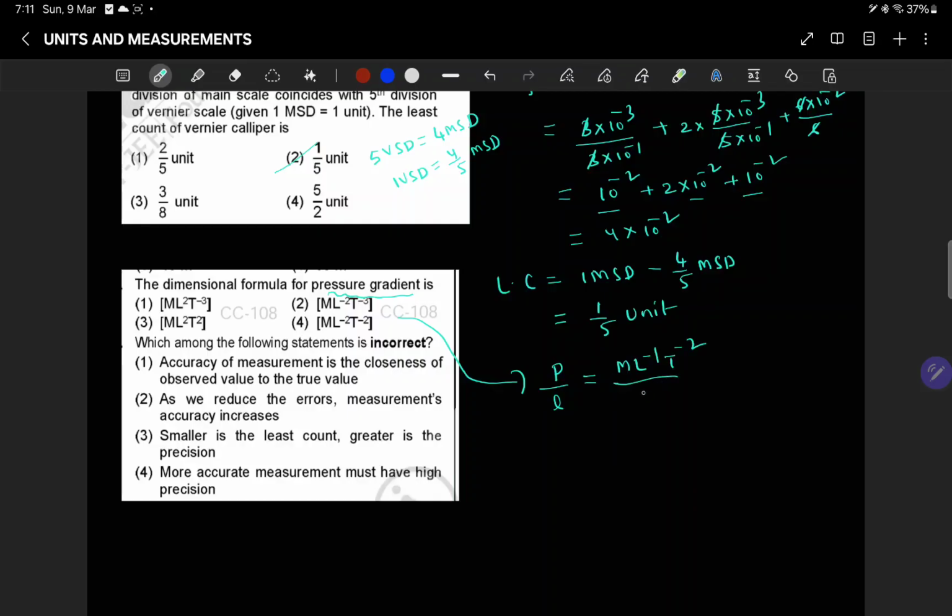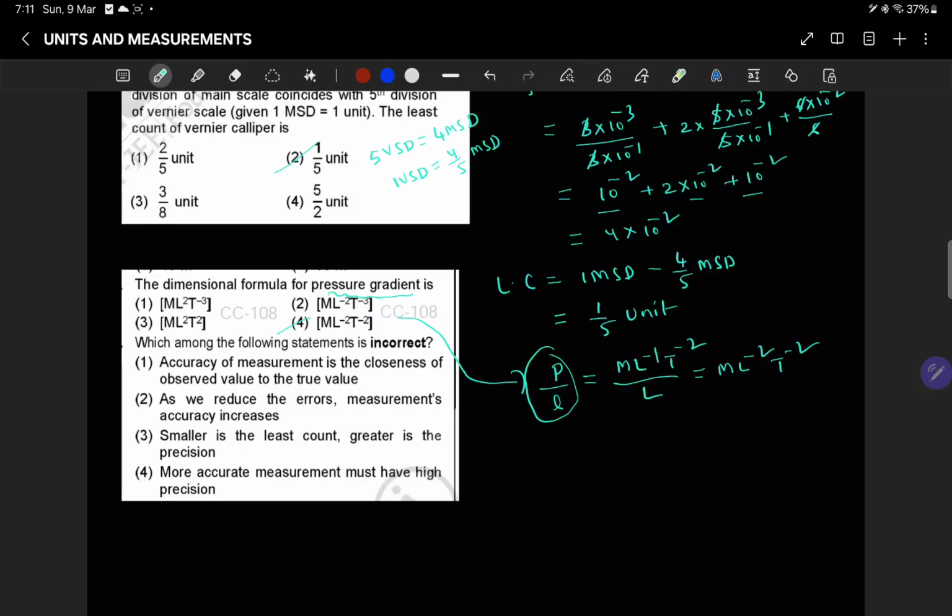Pressure per unit length divides by L. So now here M L power minus 2 T power minus 2, it is the fourth option, students. Pressure gradient means pressure per unit length, remember that point.